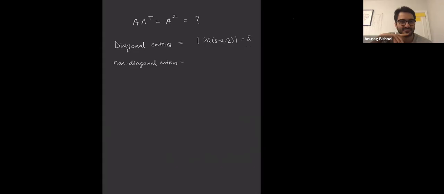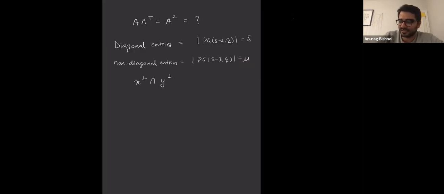You can unmute yourself as well if you want. Yeah, exactly. So this is one lower dimension, PG(s-3, q), let's say mu. And the reason is as follows: whenever you take X perp, it's a hyperplane. And whenever you have a distinct point and you take the perp of that, that's another hyperplane, and they meet in a codimension 2 subspace. That's the reason why this is also a constant.